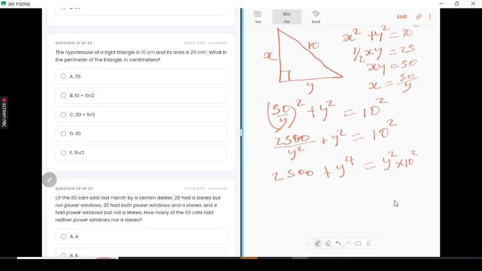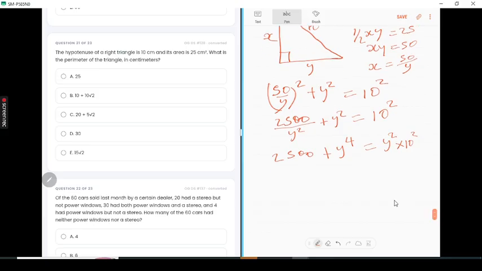How to solve this exponent? One thing we can do is to let n equal Y squared. If we let n equal Y squared, we now have 2500 plus n squared equals n times 10, which is 10n.